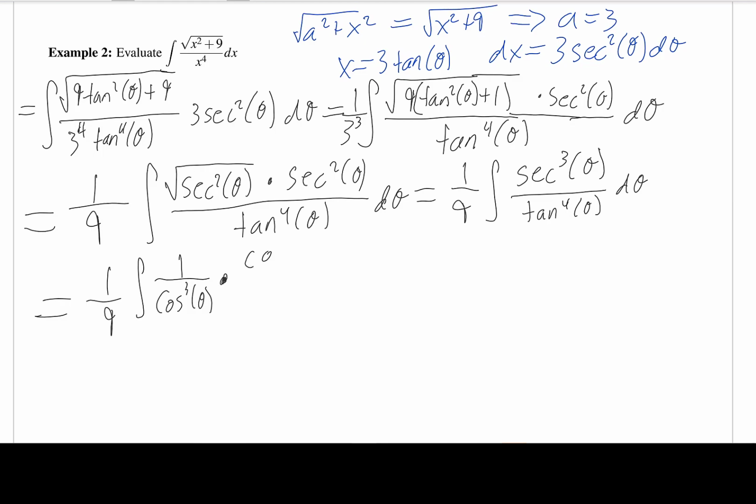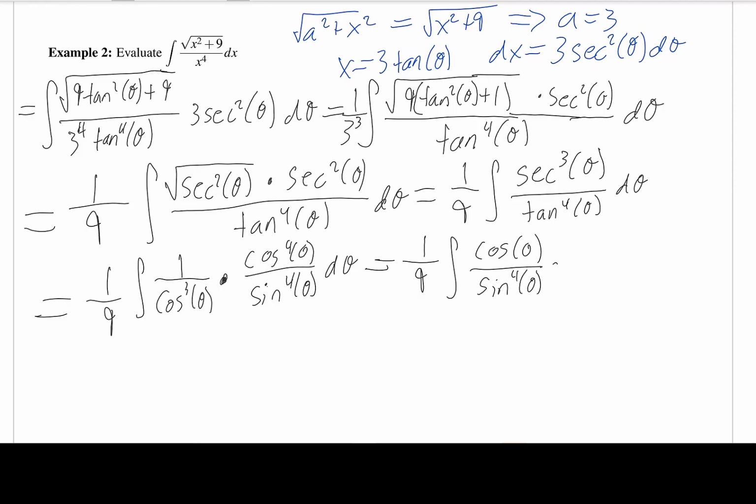So that's going to be cosine to the 4th of theta over sine to the 4th of theta, d theta, which gives me 1/9 times the integral of cosine theta over sine to the 4th of theta, d theta. And now here we'll have a u substitution. So we'll use u equals sine theta, which means that du over cosine theta is equal to d theta.